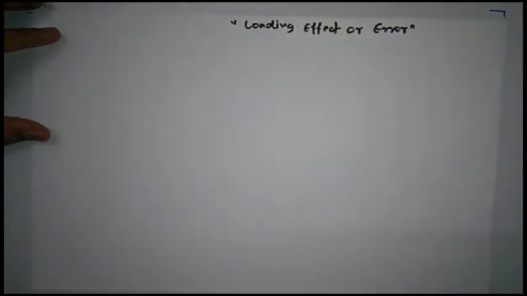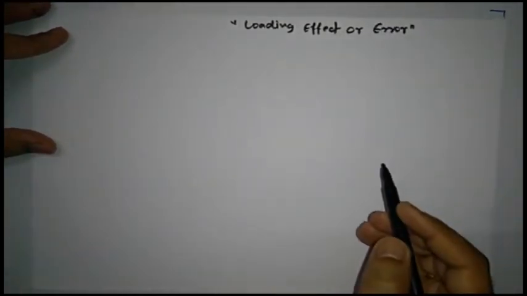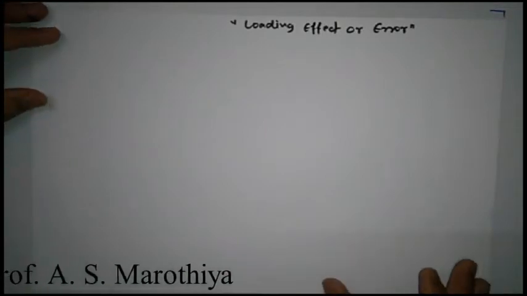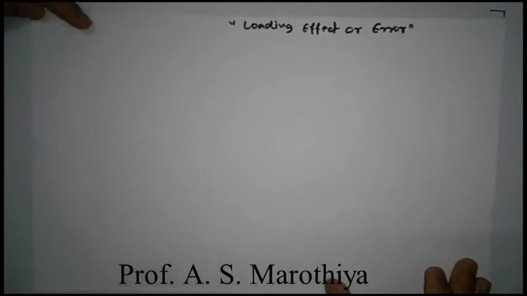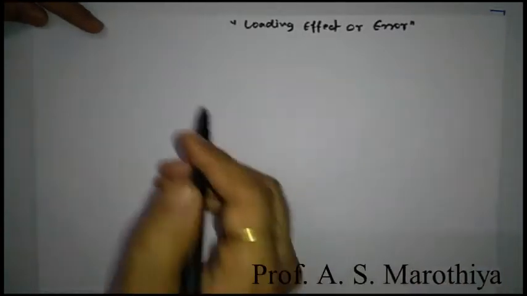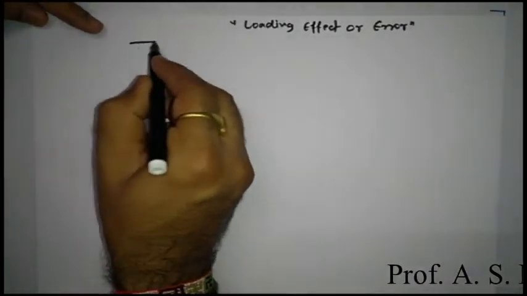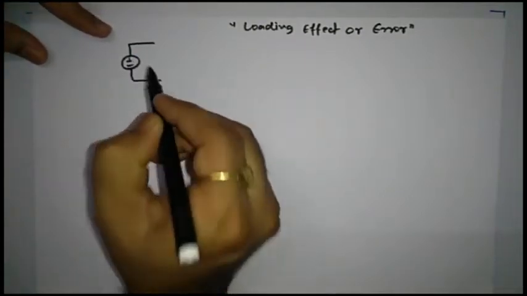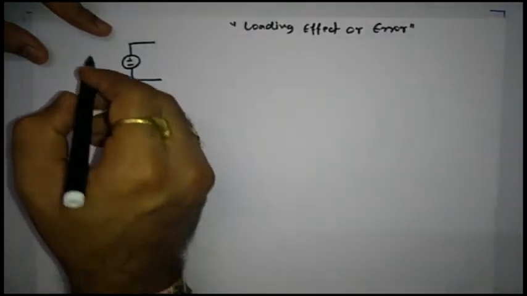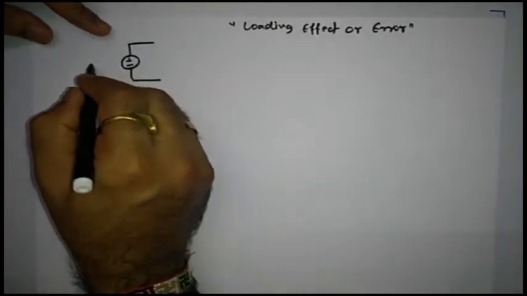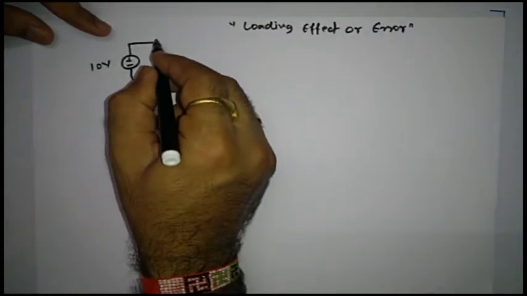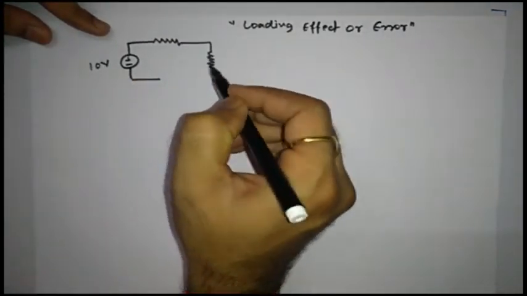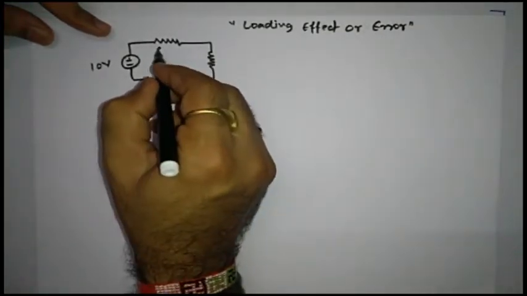Now in order to understand this particular phenomenon in more detail, let us consider an example in which we are trying to measure a voltage across a resistor as shown over here. Here I am considering a voltage source of say value 10 volt, and to this I have connected two resistors R1 and R2.